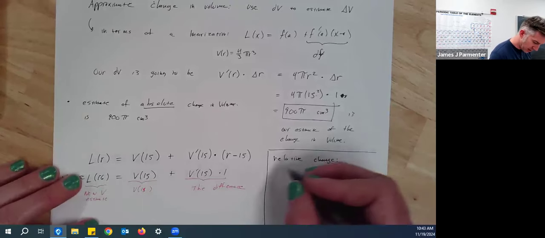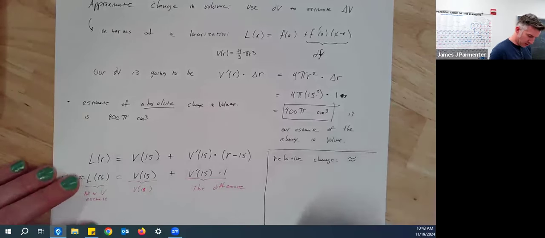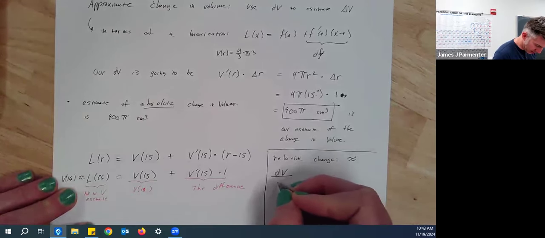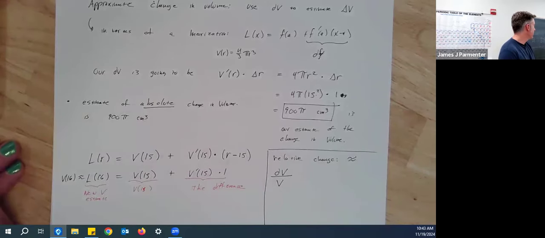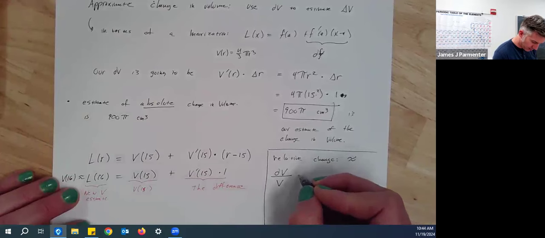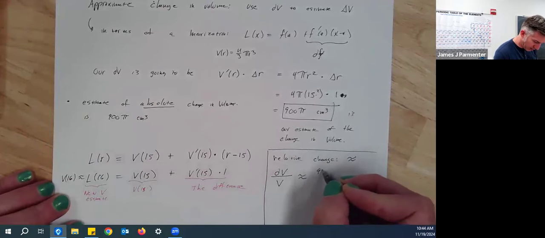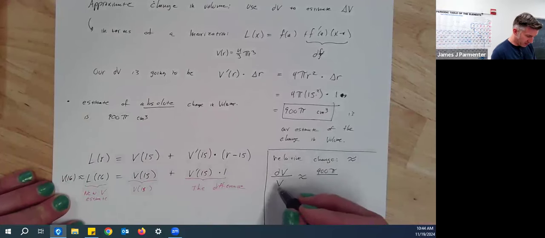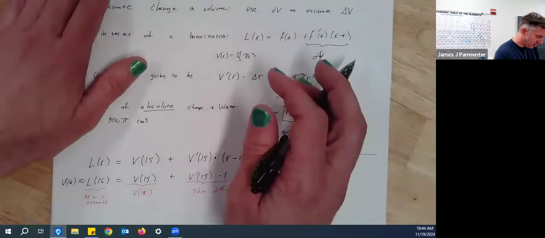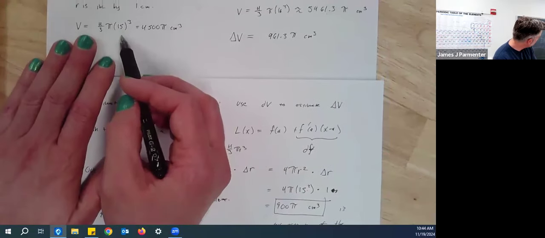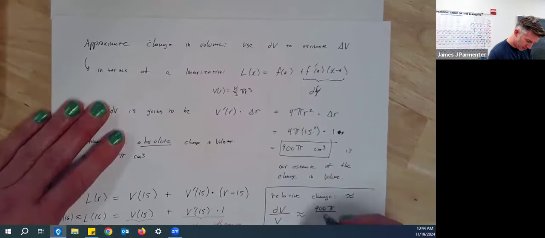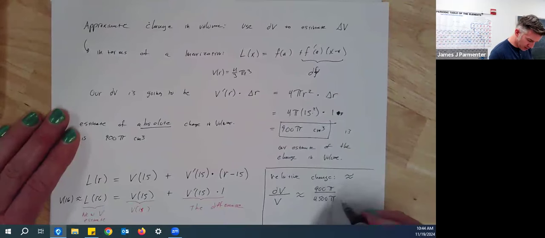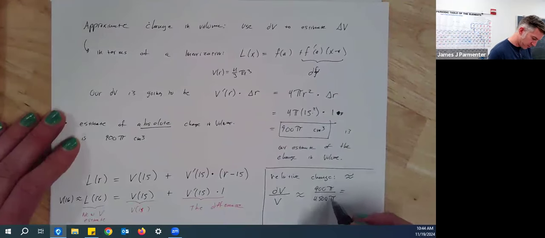So the relative change is approximately our estimate of the absolute change, 900 pi, divided by the initial volume, which was 4,500 pi when the radius was 15 centimeters. If we do the division, that looks like it's going to be about 1/5.